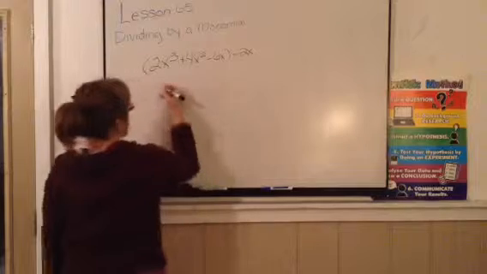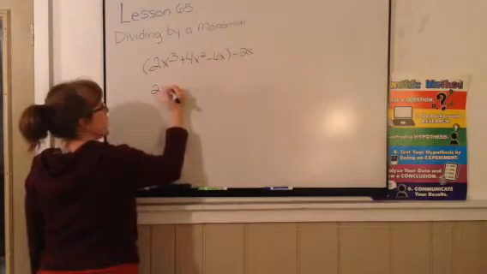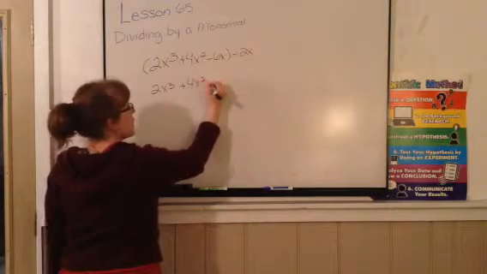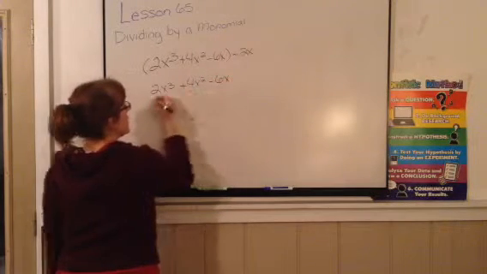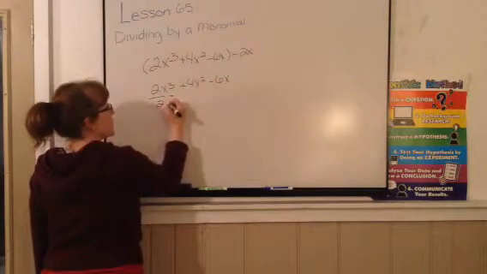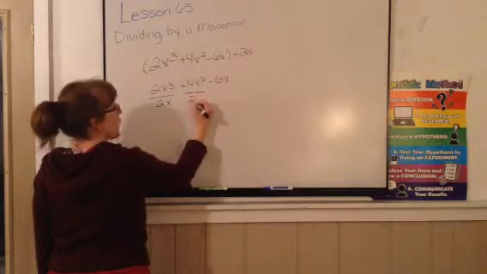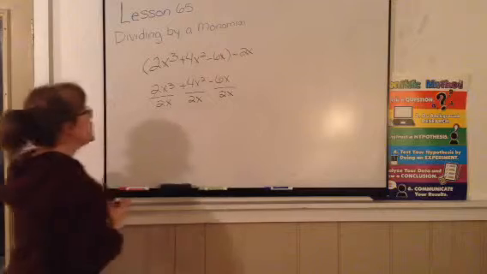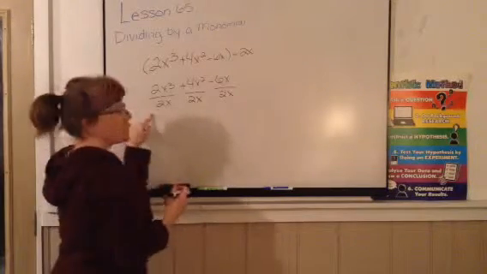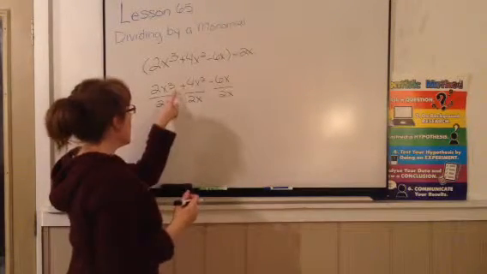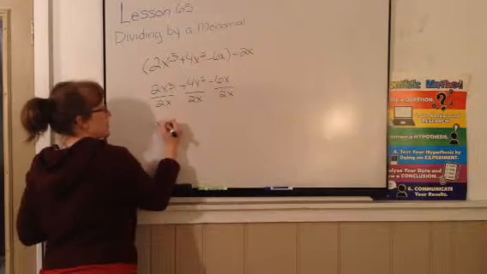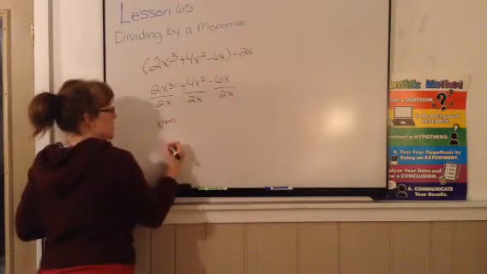So again, I'll write this out: 2x cubed plus 4x squared minus 6x. I'm going to divide everything by 2x. Okay, so I look at this and I see 2 divided by 2 is 1. X to the third divided by x is the same thing as saying x to the 3 minus 1. So that's x squared.